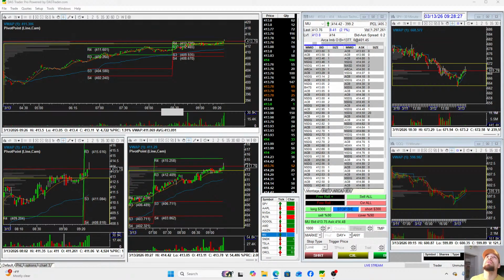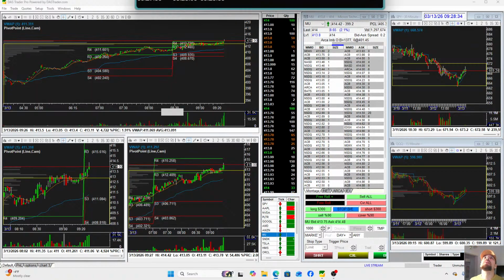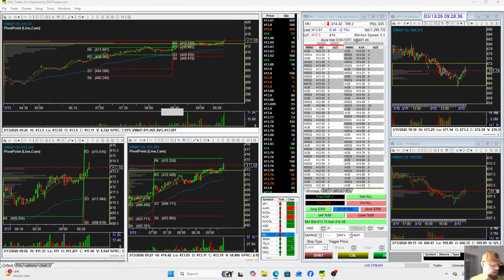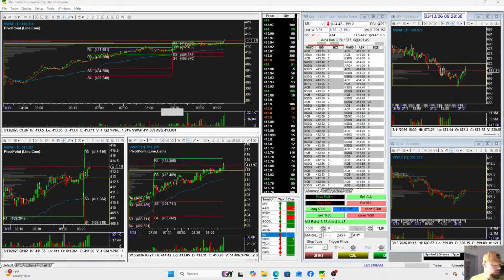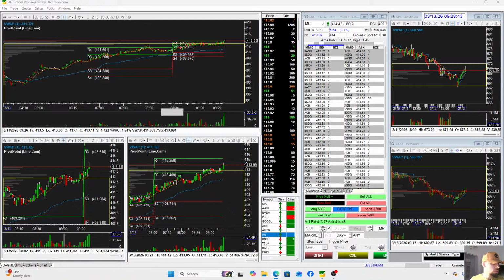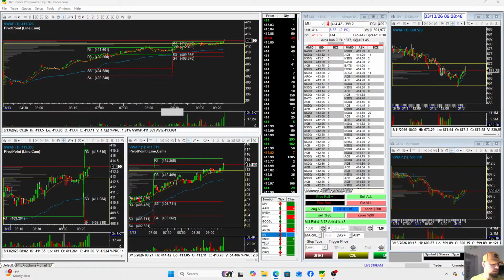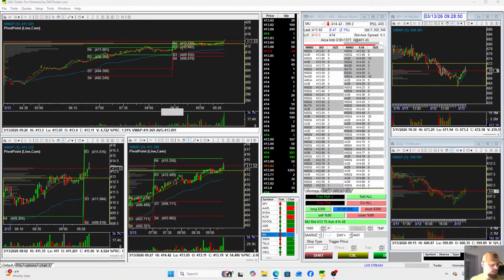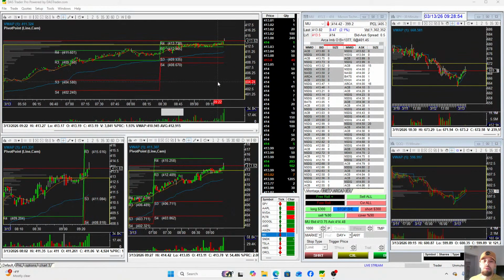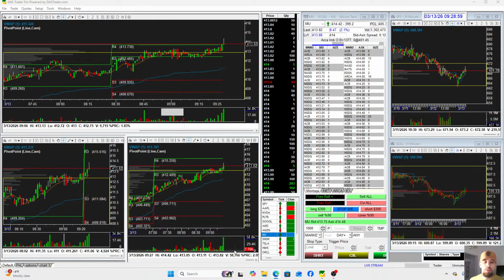Alright, 1 minute 30 until the market opens. Not much going on in MU in terms of the level 2 of limit orders looking to be filled.